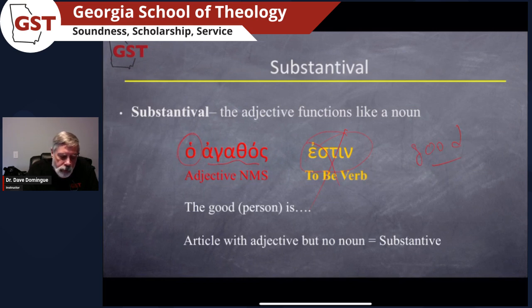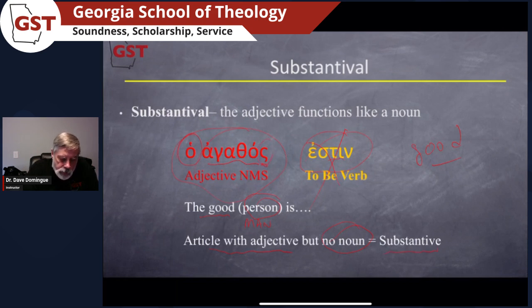If it's not there, then all you have is ho agathos, and here the adjective is again our nominative masculine singular, and it would be now the good, normally the good man or the good person is, and this is here stated, but sometimes it's implied. So here the article's with the adjective, but there is no noun for the article to modify. It's standing alone. So context would help you identify and see that. So hence it's functioning substantively.